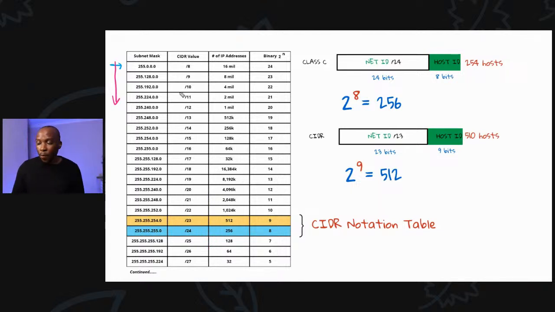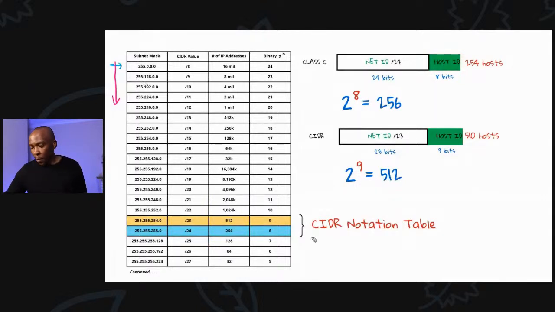And then when you go to the next network, it becomes 255.128.0.0, and that becomes a /9. So what has basically happened is, remember, we said a /8 address uses the first 8 bits to denote the network ID.